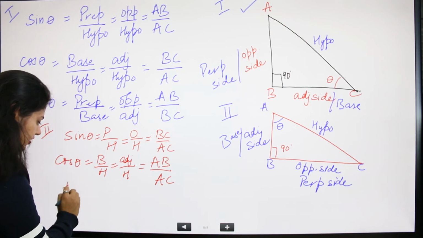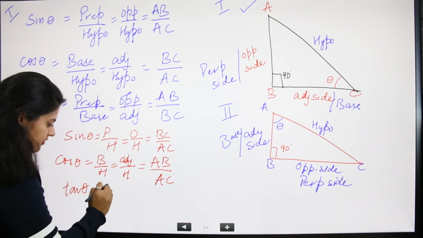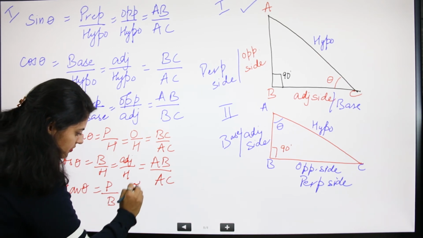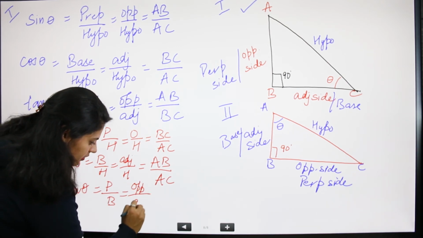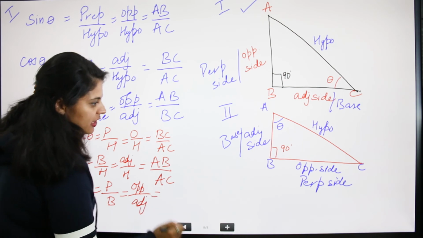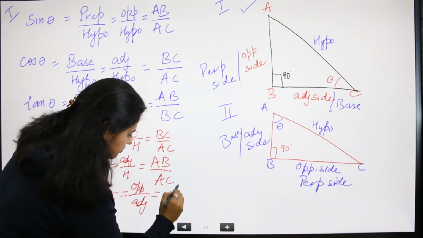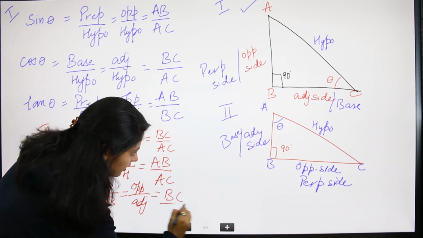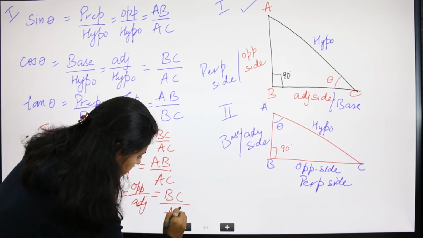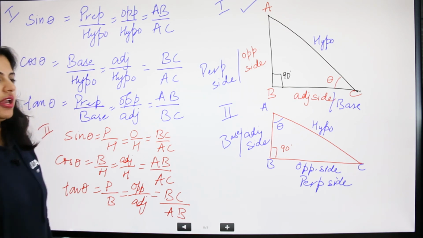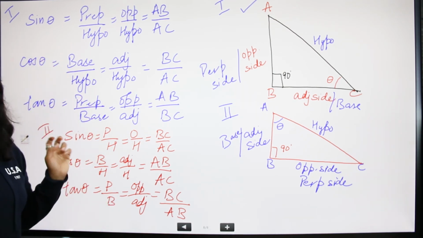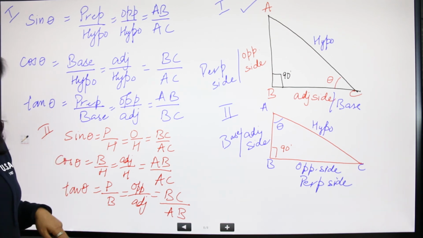And tangent theta is perpendicular over base, which is opposite over adjacent, and which is equal to the opposite side, BC here for this angle theta, and the base side, AB here. Okay. So in this way you can find all the values of tan, cos, sine.